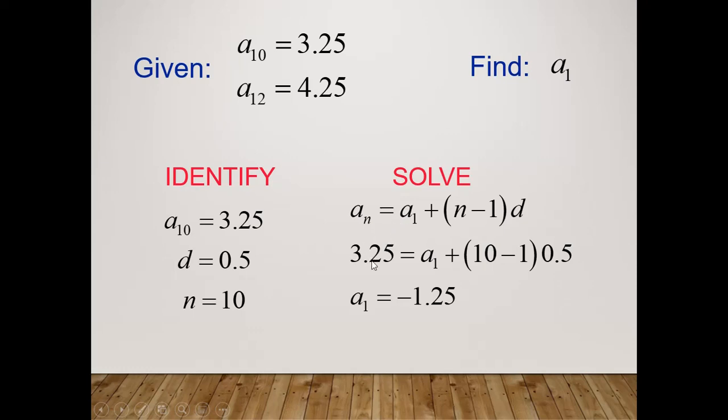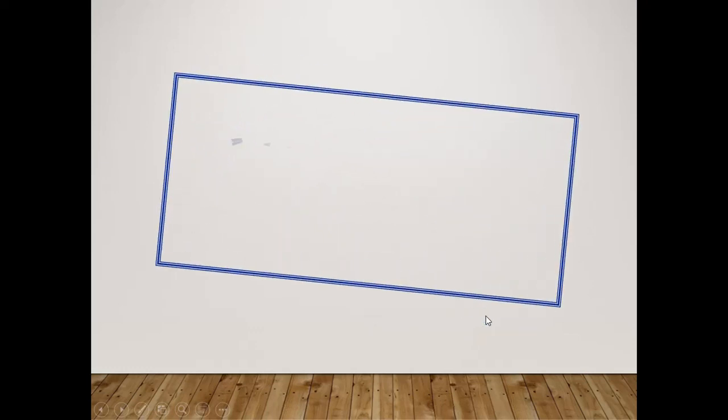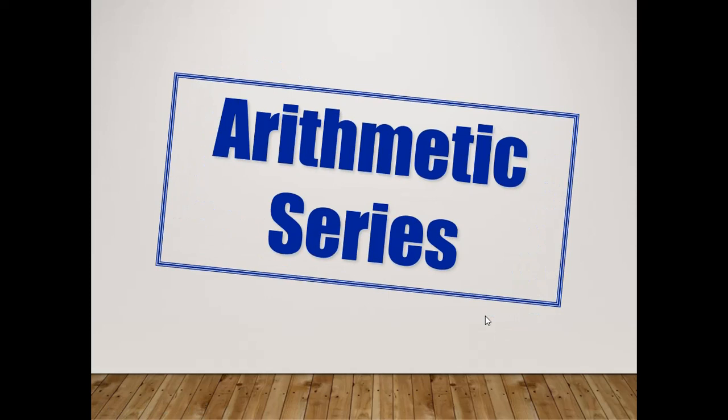So ang A sub n natin is 3.25. Kunyari, this is A sub 10 is 3.25 equals A sub 1 plus, of course, your n is 10 minus 1 times the common difference. So therefore, by simplifying this, so your A sub 1 is equal to negative 1.25. Okay? So that is your sequence.